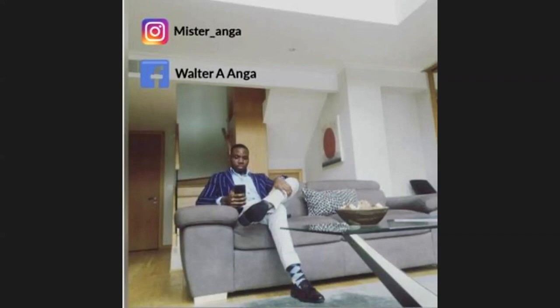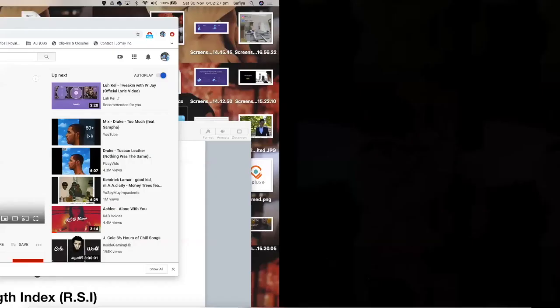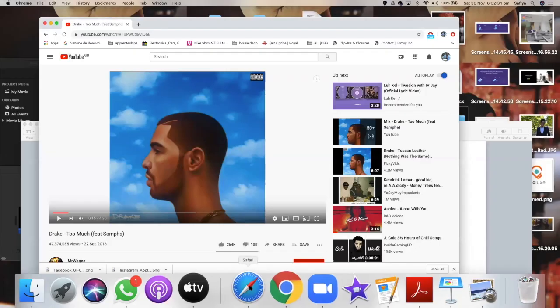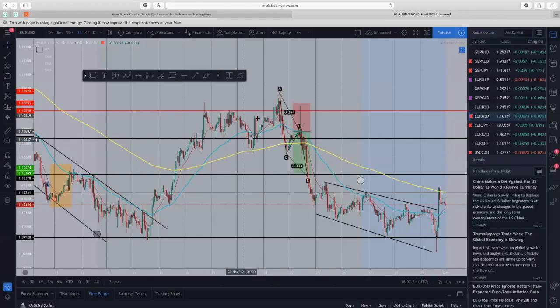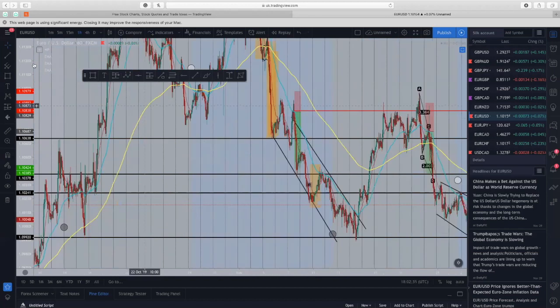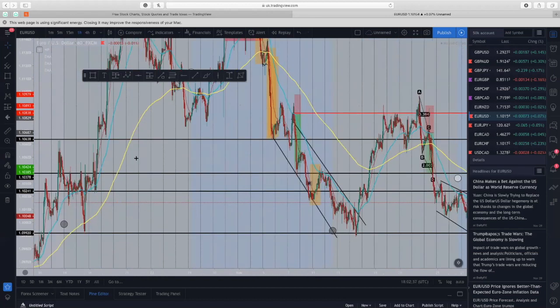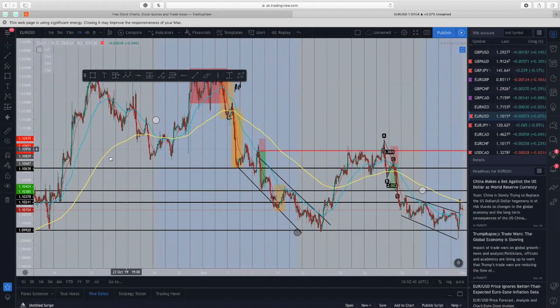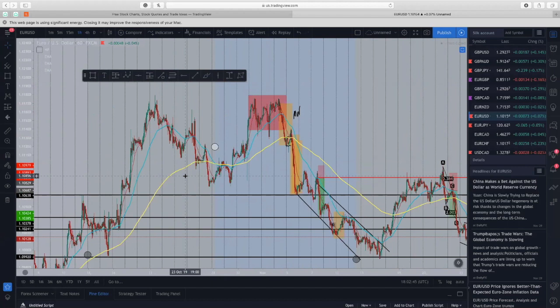Before I bring on this individual, I'm just going to share something very interesting that I discovered. When it comes to timing, a lot of the time, trapping tends to take place around the full moon. It's a bit weird, right? I actually have a full moon indicator on my screen that shows me when the full moon is. It's to do with Gann, and I don't know if you guys have ever studied Gann before.